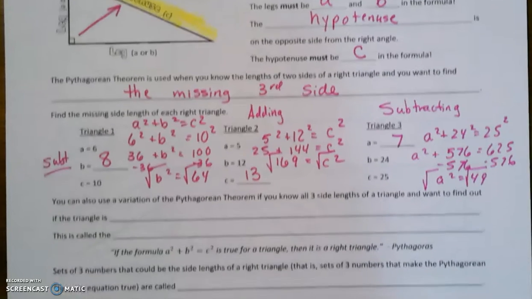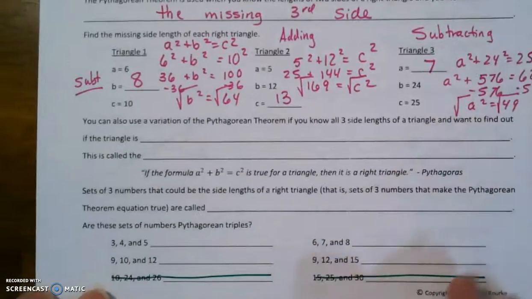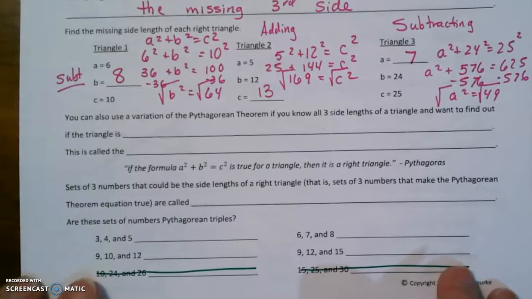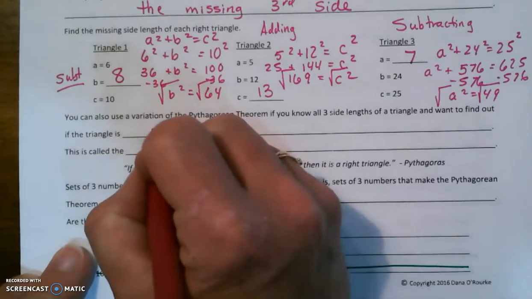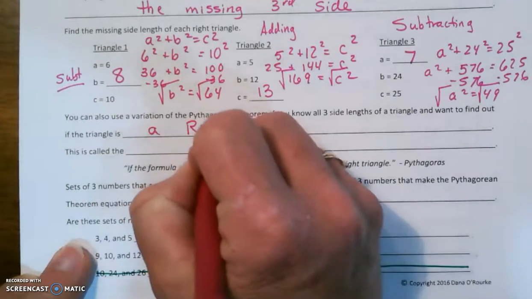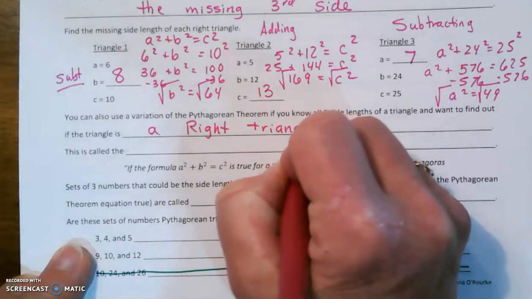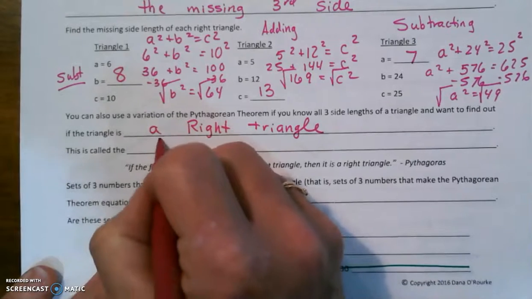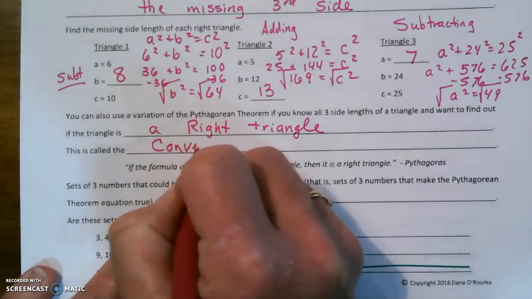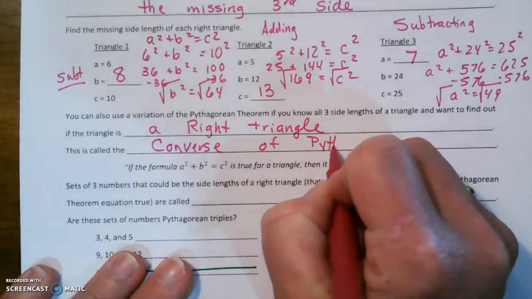Okay, we could also use the Pythagorean theorem to determine if a triangle in fact is a right triangle. We go through the steps and we call this the converse of the Pythagorean theorem.